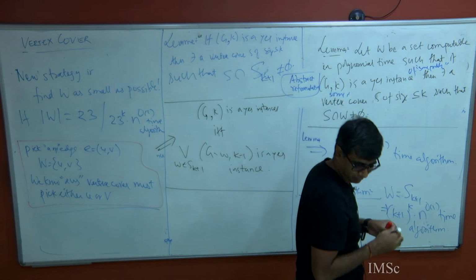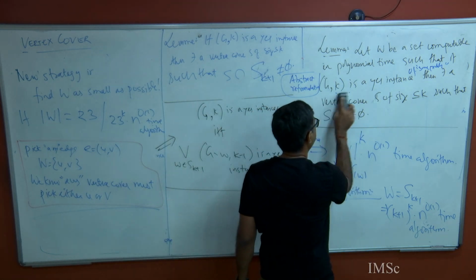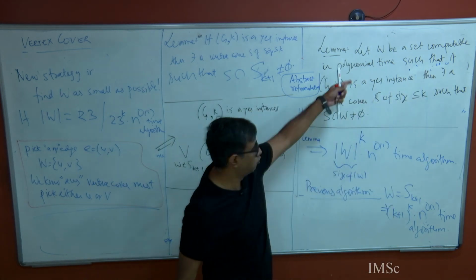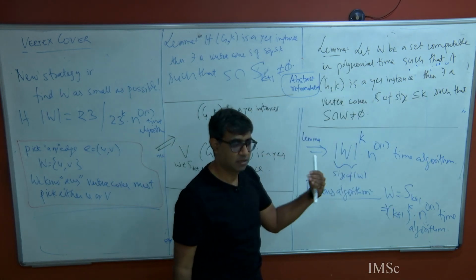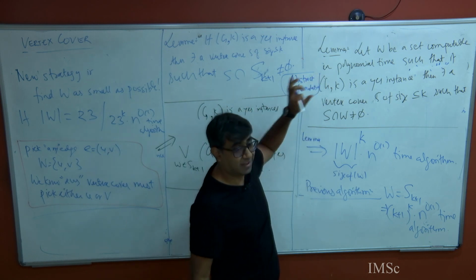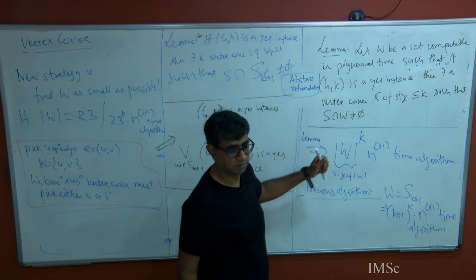There is nothing about vertex cover here. If for any other problem you could prove such a lemma, then you could do the same algorithm. So this is a generic lemma, this is a trick.